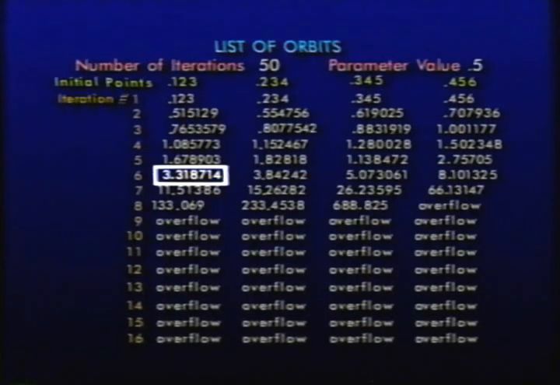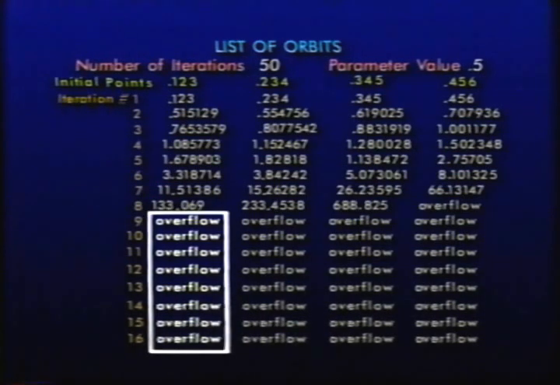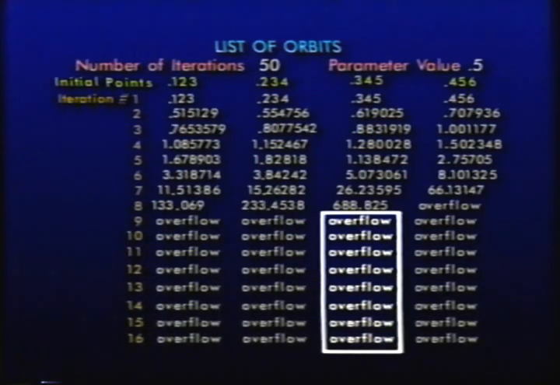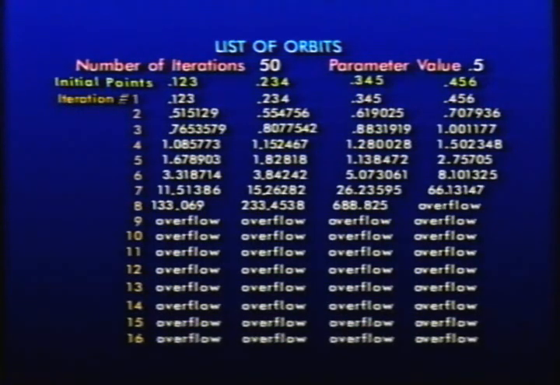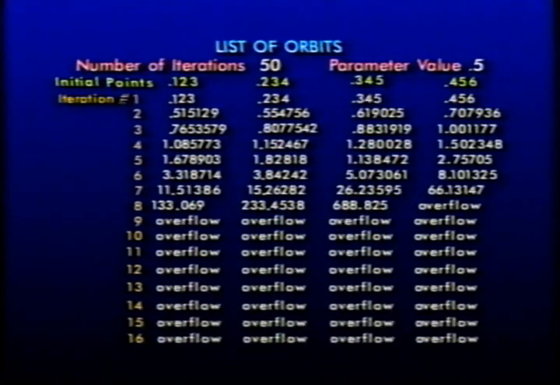The 6th point on the orbit of 0.123 is approximately 3, then 11, then 133, and then overflow. That means that the orbit has gotten very large and therefore goes off to infinity. That happens for all 4 of these initial points. A typical initial point will yield overflow, will tend to infinity under iteration of x squared plus 0.5.